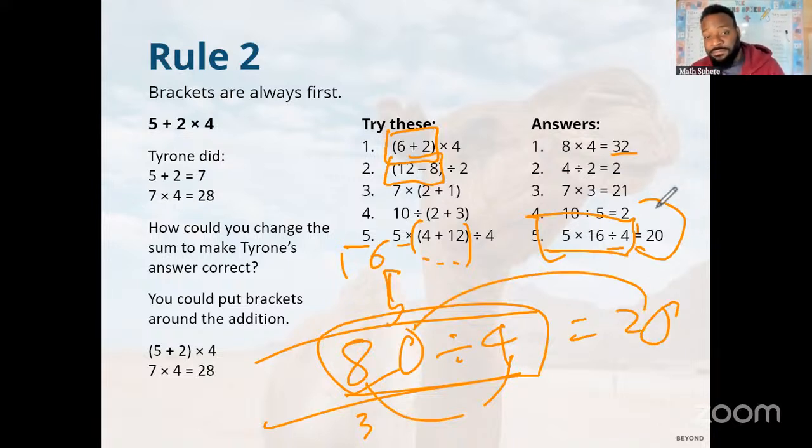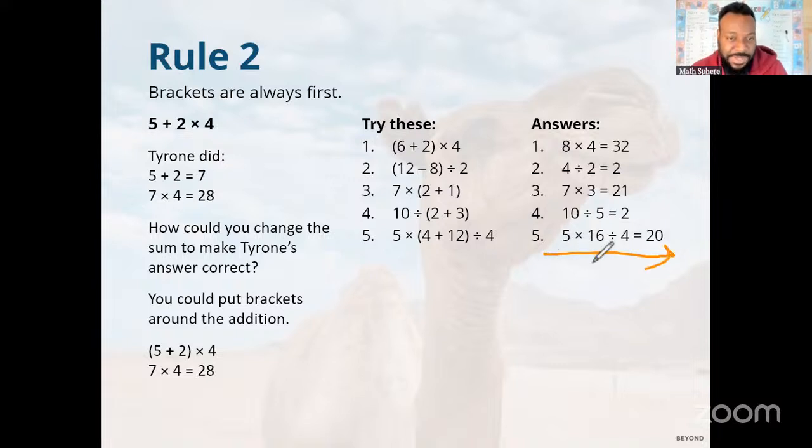Same answer. So whether we deal with it in a linear sense from left to right, or we deal with this order in BIDMAS and we treat it that way, it's going to give us the same answer, especially with multiplication and division. So that's really useful to know.